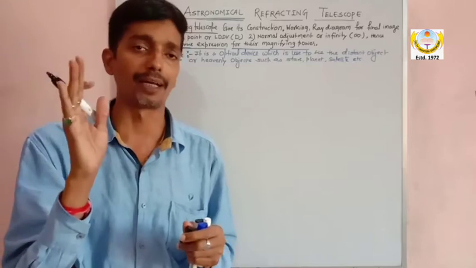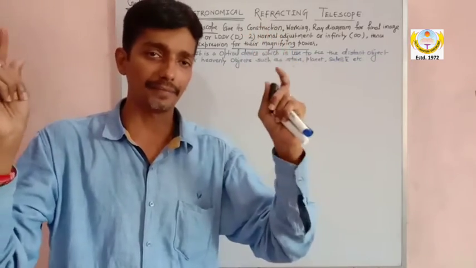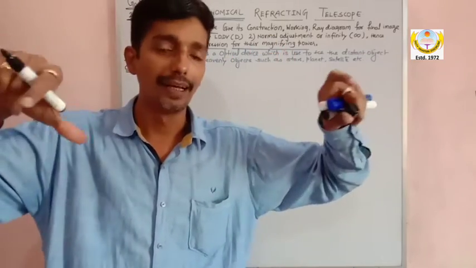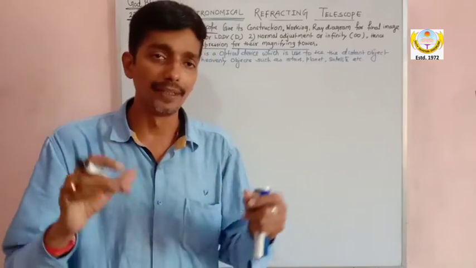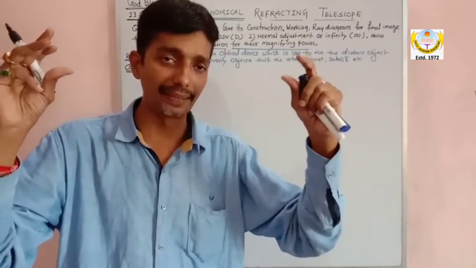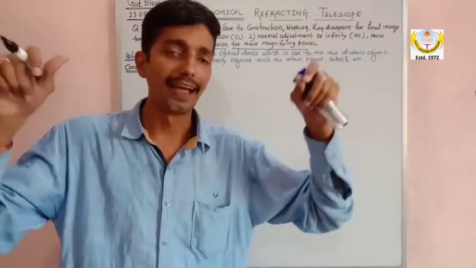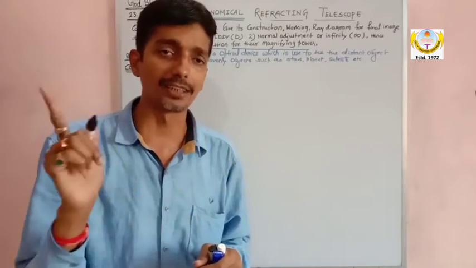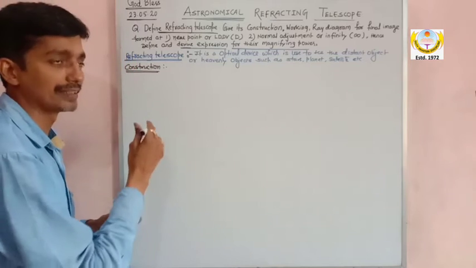They are mounted at the outer end of one tube, a metallic sliding tube, as we have done in the compound microscope, where the objective and the eyepiece lens are mounted coaxially at the outer ends of the tube, right? And that is called the length of the tube, the mechanical length of the tube, that is the distance between the objective and the eyepiece lens. Remember that. So again, the same concept here also.